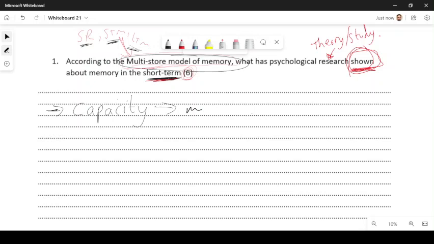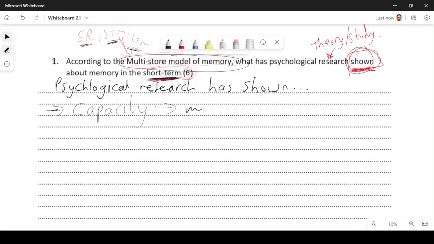So what I've put here for my question is, what has psychological research shown about memory in the short term? So start with that phrase: psychological research has shown that the capacity of the short term, and you go on.